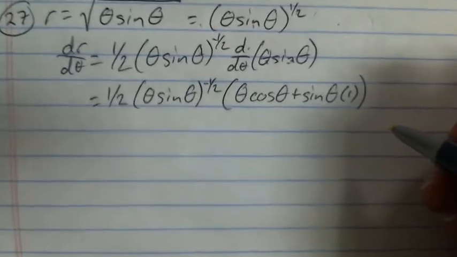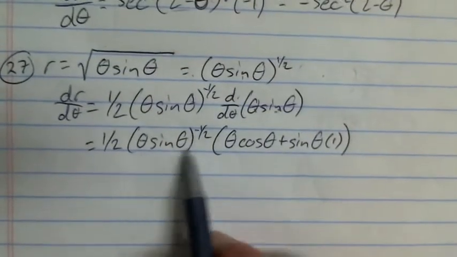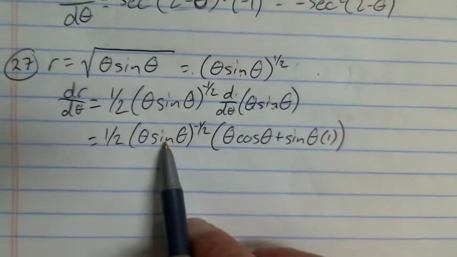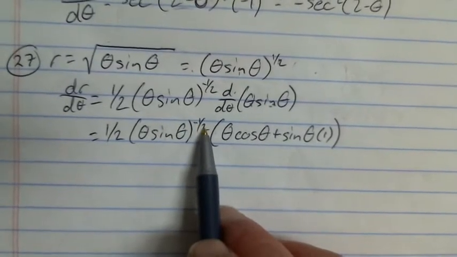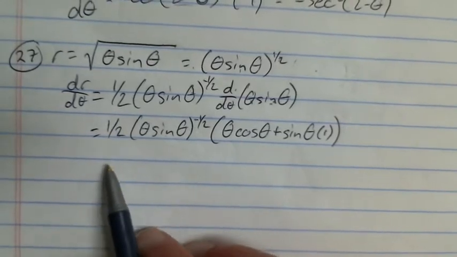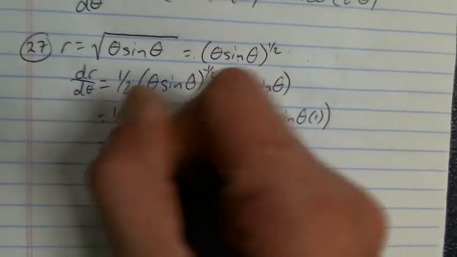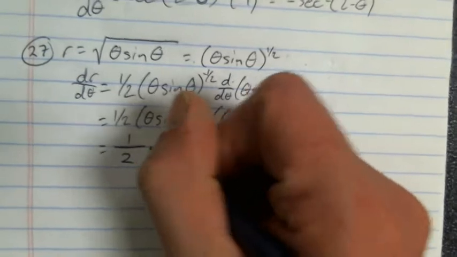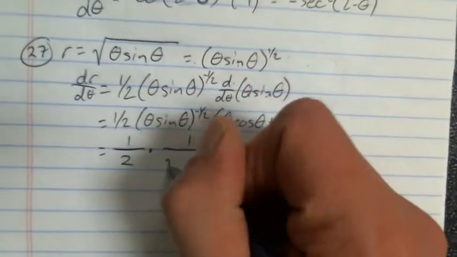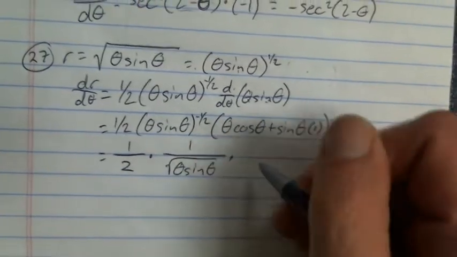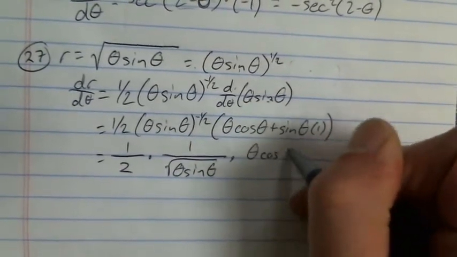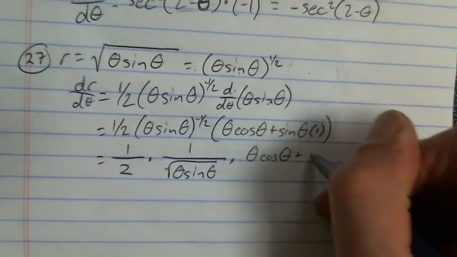Now, we can clean this up a little bit, because this is actually a fraction, right? The square root is underneath the fraction, the negative exponent makes it a fraction, and the square root is to the 1/2. This 2 can also go down to the bottom of the fraction. So this is 1/2 times 1 over the square root of theta sine theta times theta cosine theta plus sine theta.